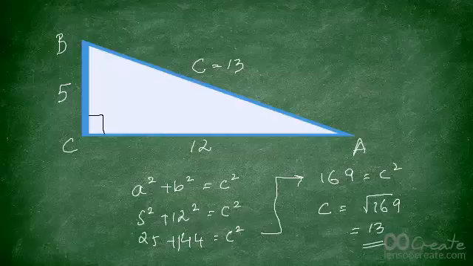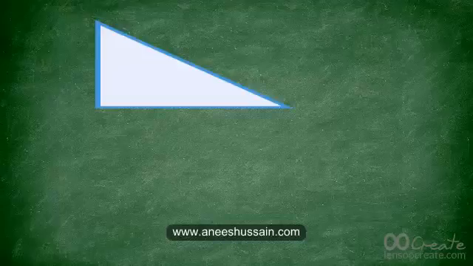Now we'll move on and talk about the application of basic trigonometry. So what's trigonometry? Trigonometry helps us figure out the various ratios of the sides of a right triangle. Now, why is that useful? Let's say you have this right triangle where the angles are marked as 30 degrees, 60 degrees, and 90 degrees.